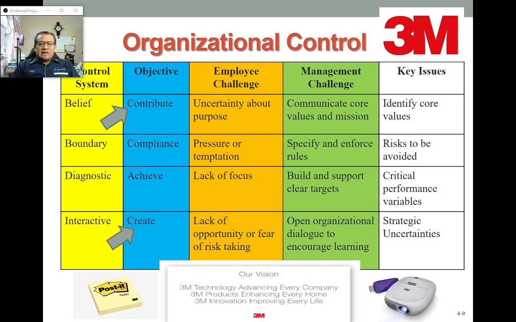So 3M also encourages employees to take some risk in order to invent new products. As such, it opens up organizational dialogue from time to time to listen to employees, and this dialogue is chaired by the top management group. And for that, it can listen to some uncertain factors that could be strategic for the company.